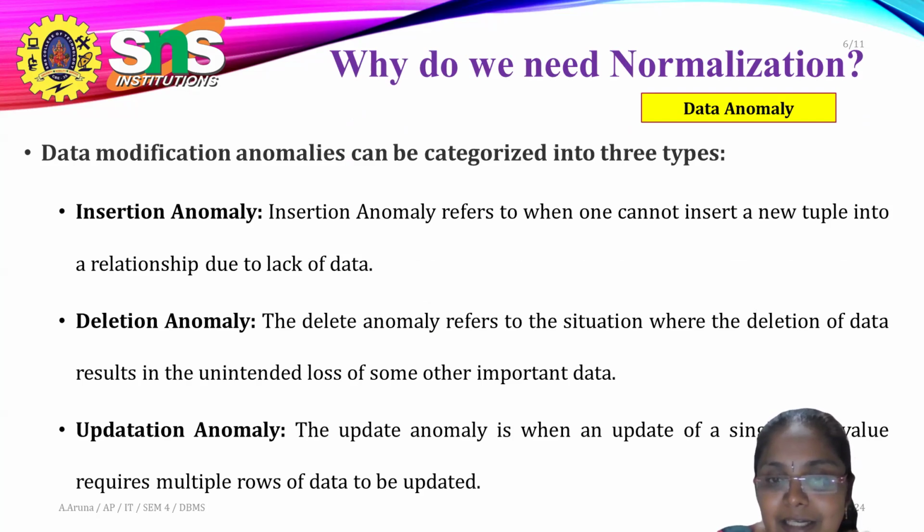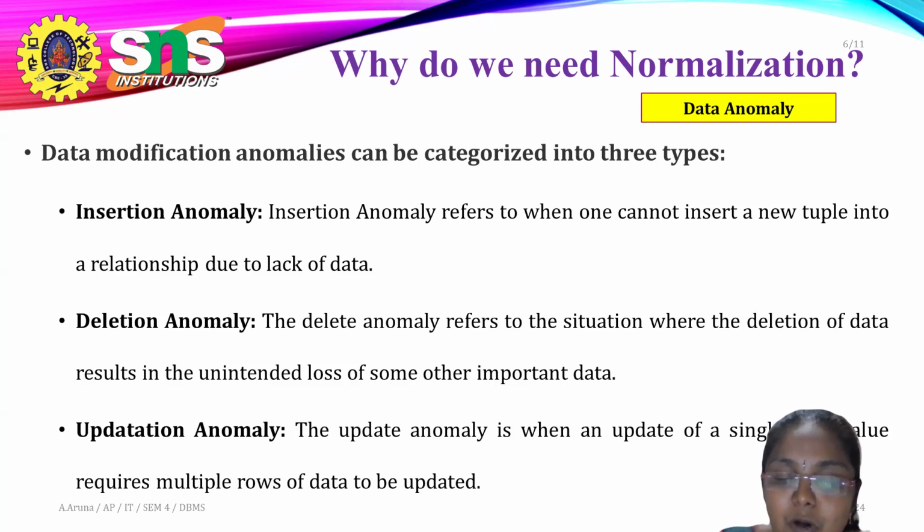Insert anomaly refers to when one cannot insert a new tuple in the relation because of a lack of data. If I have the department name only and I don't know the person name, this lack of data causes issues. For delete, if I want to remove the ECE department in my table, I can't remove the ECE department, I can only remove that particular person.